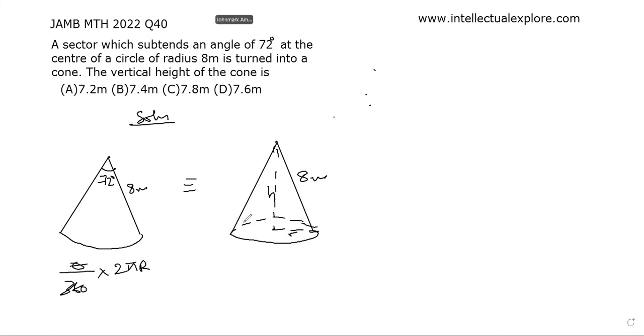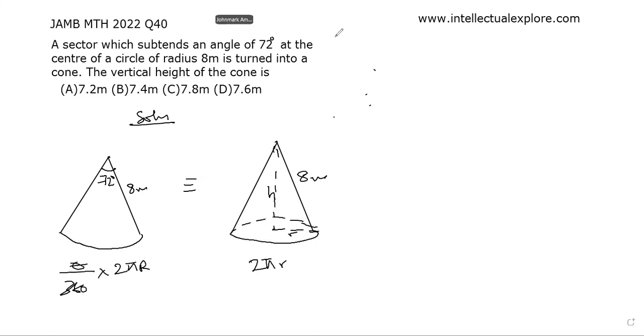And the circumference of this circle, that's the total distance around the circle, is given as 2 pi r. You understand that? So when you use this sector and turn it into a cone, the length of this arc is what you have finally turned into a circle at the bottom.